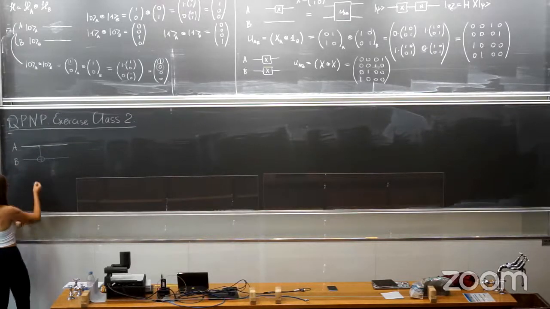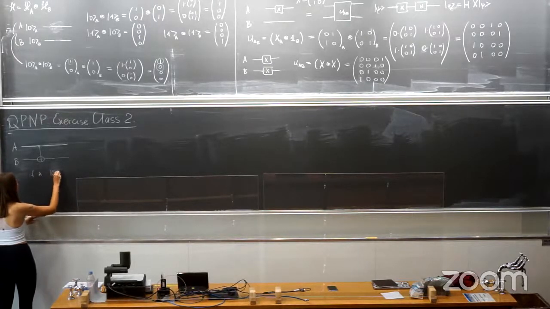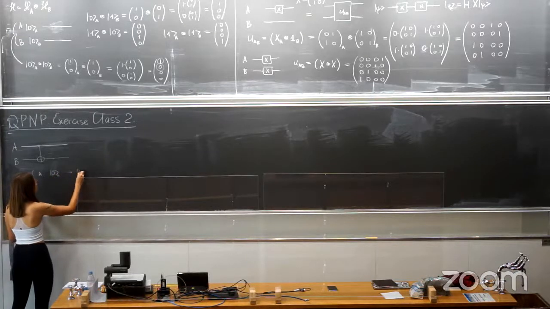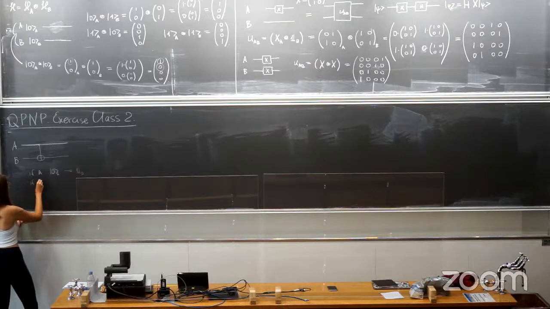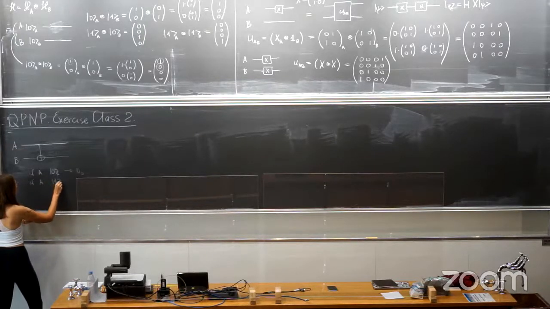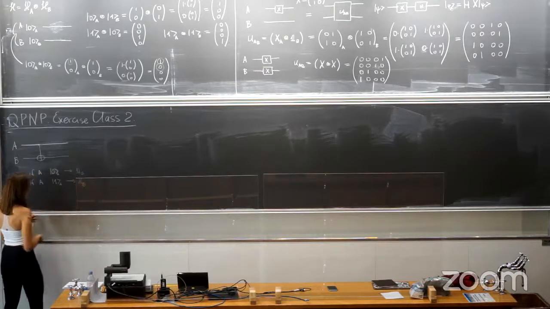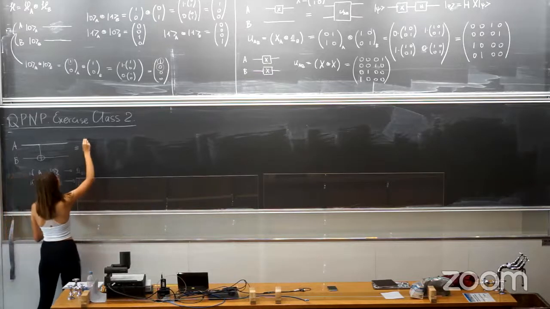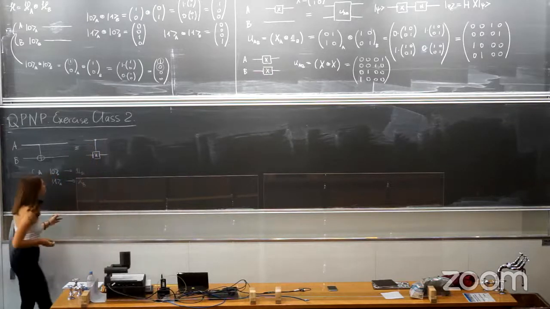If A is in state 0, then we apply identity on B. And if A is in state 1, then we apply the X operation on B. This is also sometimes denoted like this.